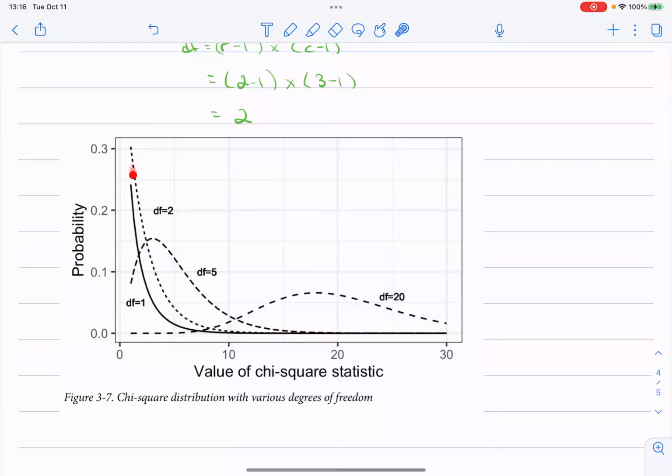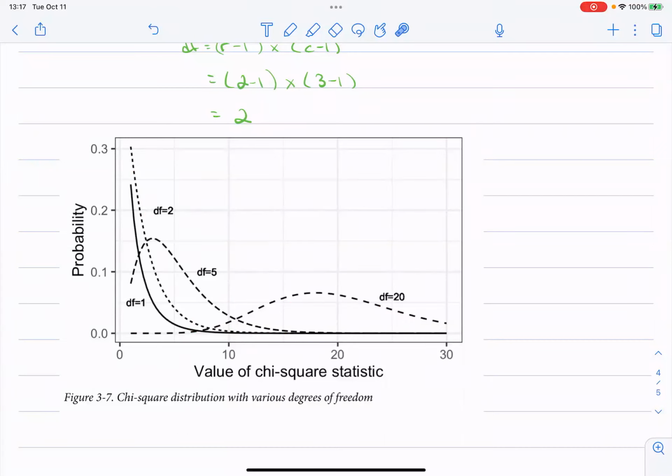So then it looks like this. That's crazy. And then if you have 1 degree of freedom, it's a solid line. If you have 5 degrees of freedom, it starts looking a little bit more skewed. And then once you have 20 degrees of freedom, it starts to normalize.